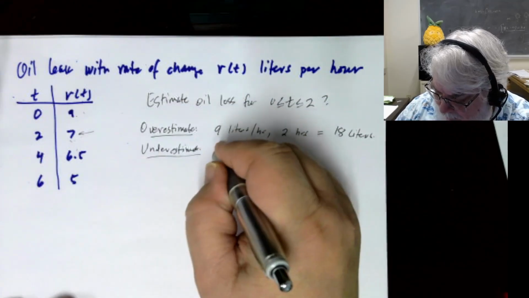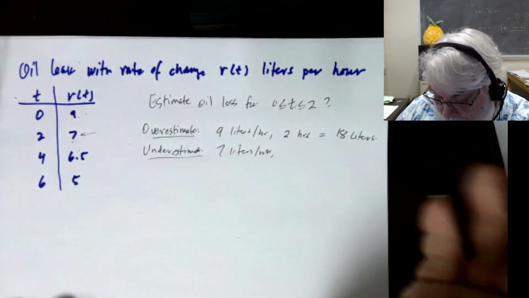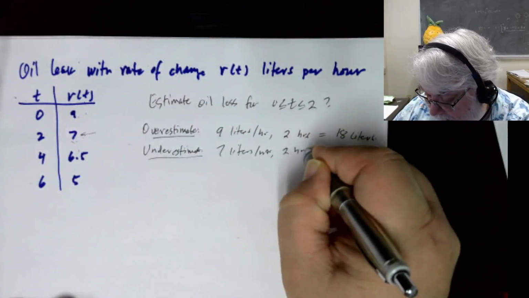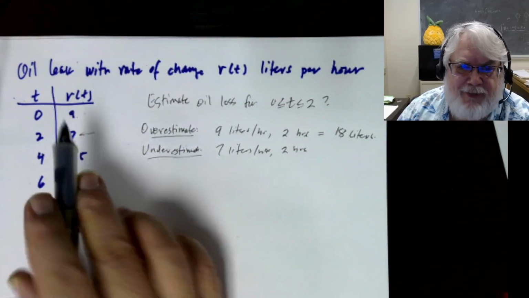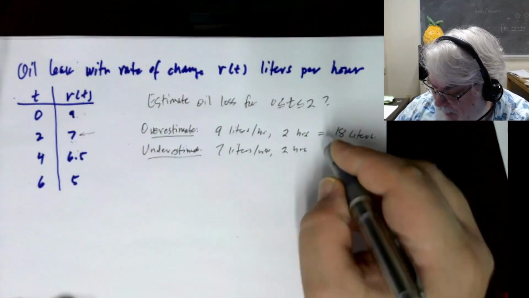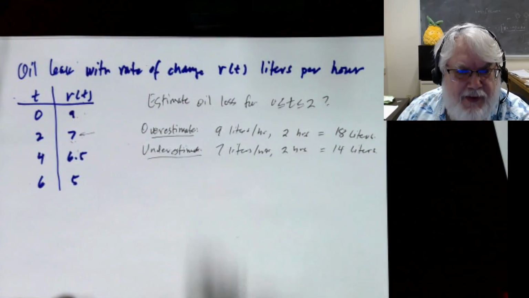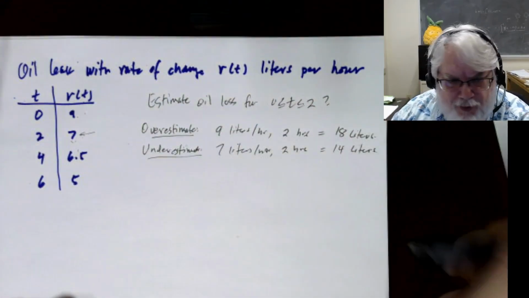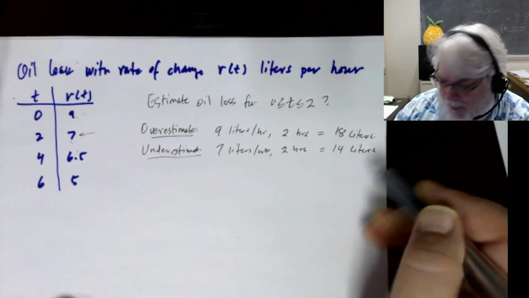So I could say 7 liters per hour, and I'm assuming now that that's over the 2 hours. That's how we're getting the estimate, right? We know that it wasn't 7 over the 2 hours, but we'll assume that it was. And so that would give us only 14 liters over the 2 hours, right? Good. So that's going to be a difference of 4 liters, depending on whether you want to get an overestimate or underestimate.